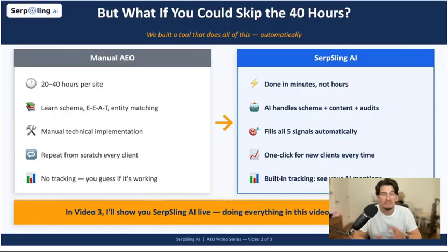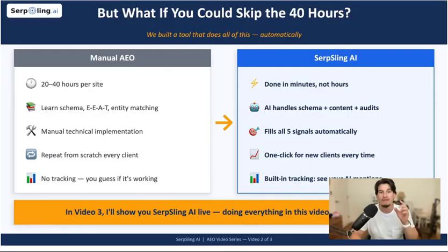But what if you can skip those 40 hours? What if you can get a VIP fast lane that helps you do this a lot faster? We went ahead and built a tool that does all of this for you automatically. You're not going to do the manual process where you're spending 20 to 40 hours per site learning schema, EEAT, entity matching, all of that stuff. You're not learning the manual technical implementation, repeating everything from scratch with every client, no tracking, none of that.